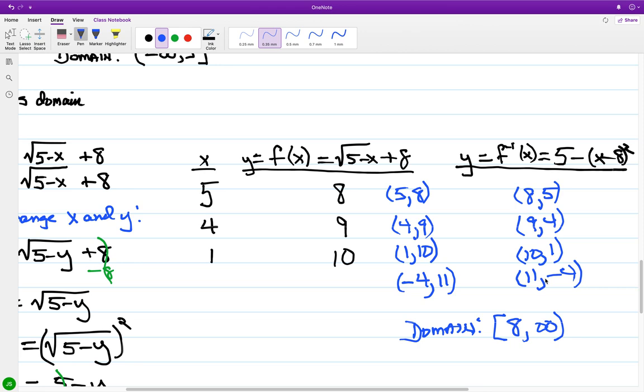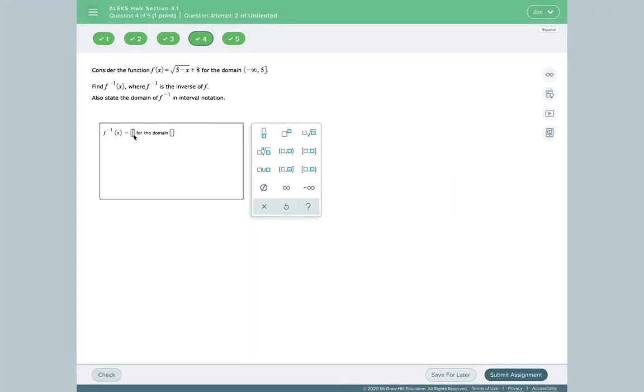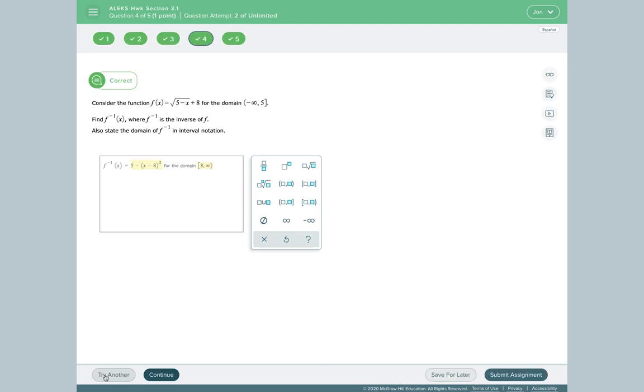So looking at what we have for this case, 5 minus the square of x minus 8, and for the domain, going from 8 inclusive out to infinity, and checking the result, it is correct.